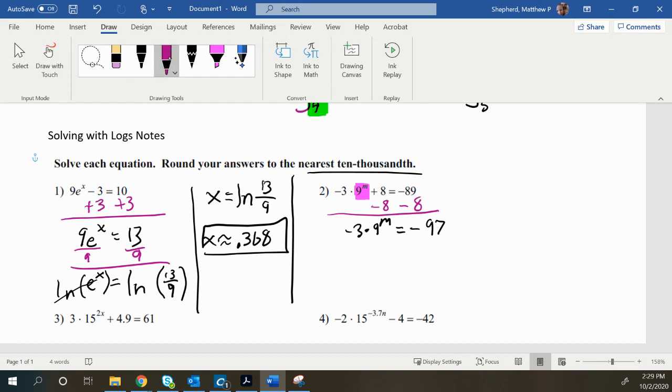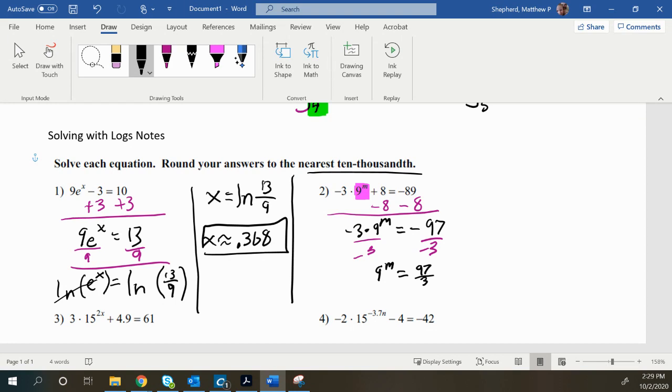Okay, next, divide by negative 3, and we will get 9 to the power of m is equal to, negative divided by negative gives a positive, so 97 thirds.